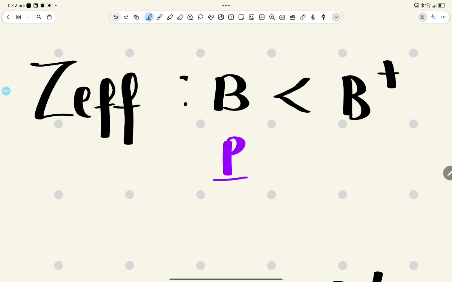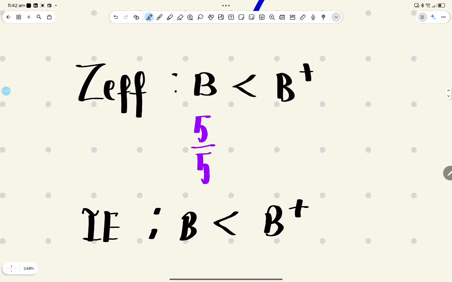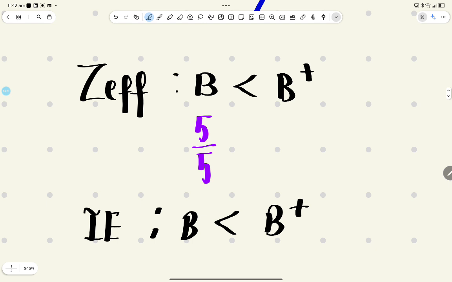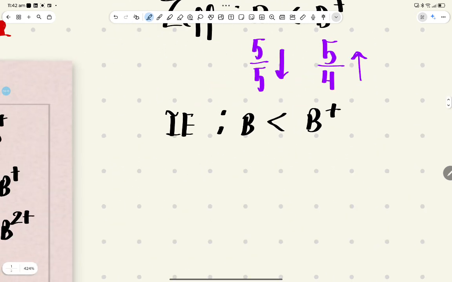Here, as you can see, the number of protons will be 5 and the number of electrons will be 5. But as you remove one electron and it gets converted into B positive, now you have 4 electrons for 5 protons, which means Z effective is going to be more in this case and less in this case, because more protons are exerting more force on a smaller number of electrons.